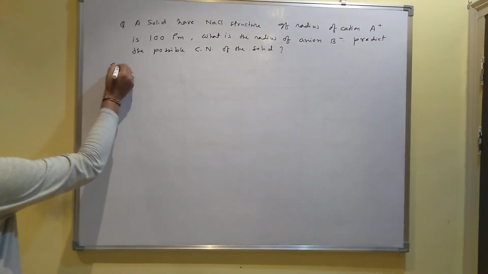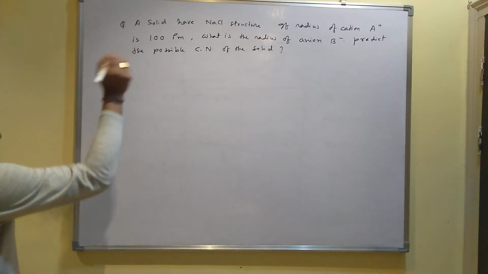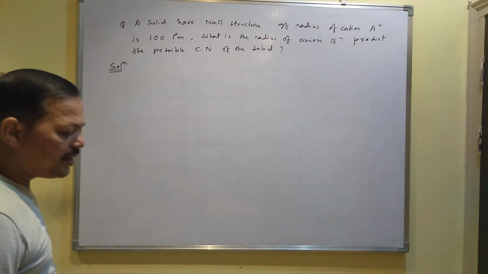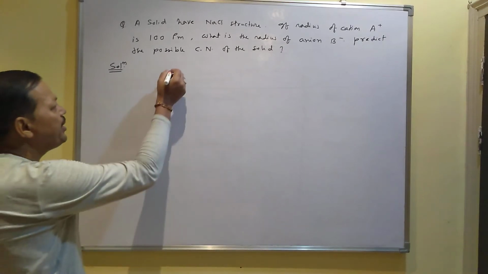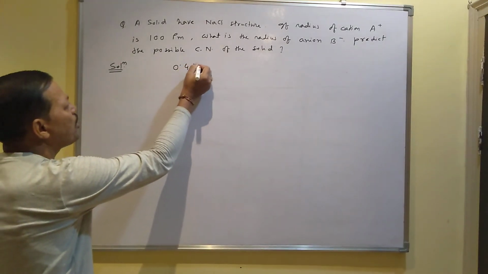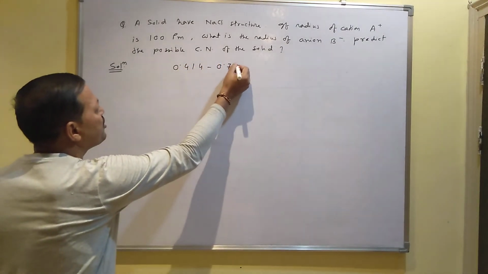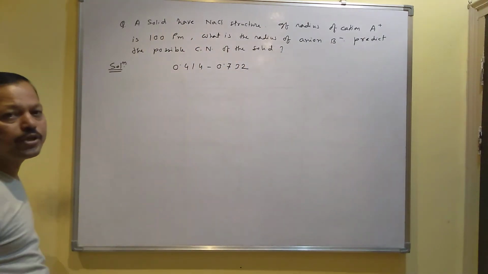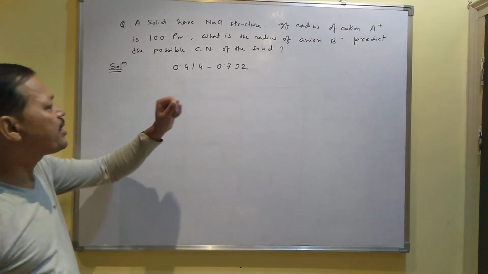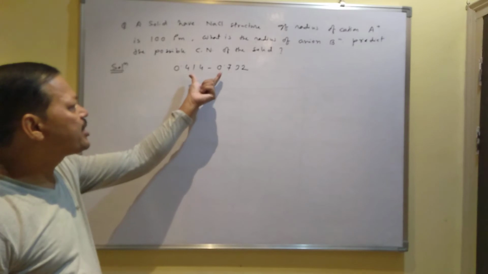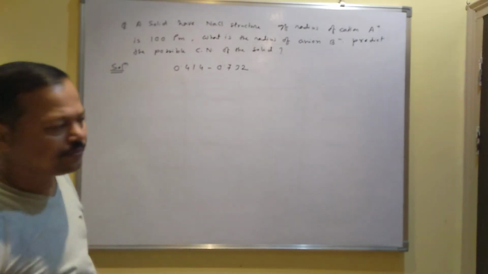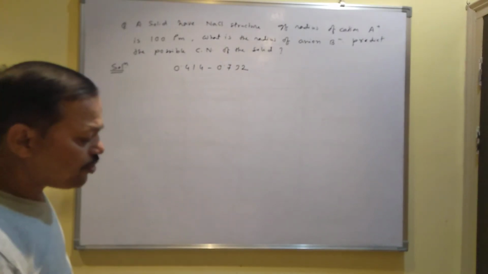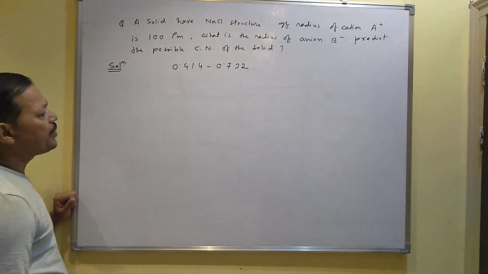To do this type of numerical, since the structure is like sodium chloride, the radius ratio will lie in the range 0.414 to 0.732, because sodium chloride structure has the radius ratio in this range. Now here the radius of the cation is given as 100 picometer.